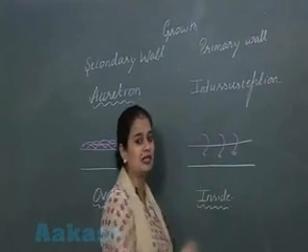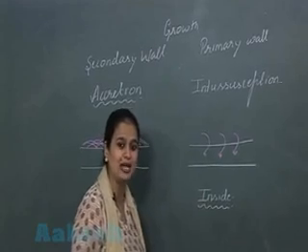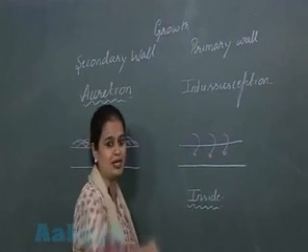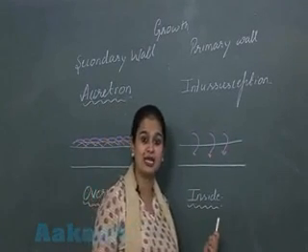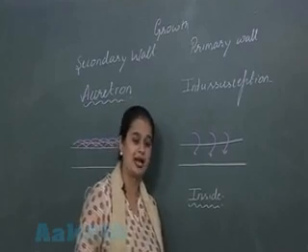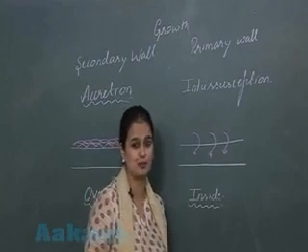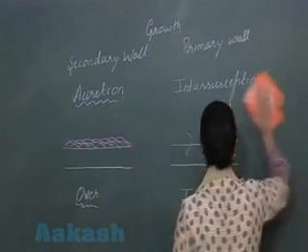तो accretion के अंदर क्या होगा? New material will be added over the pre-existing structure, and in this case within. So here I will be discussing now the last point associated with the cell wall.